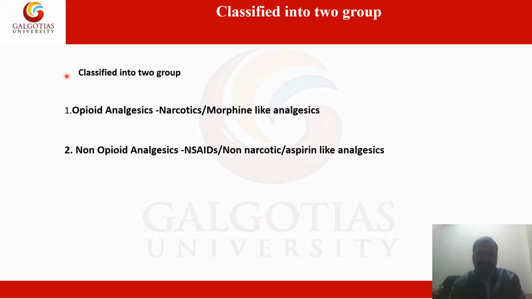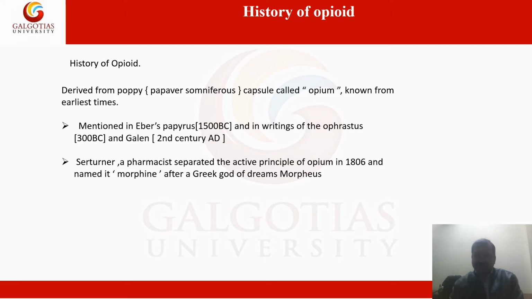Classification of the drugs: opioid analgesics, that is narcotics, morphine-like analgesic drugs; and non-opioid analgesics, that is non-narcotics, aspirin-like analgesic drugs.